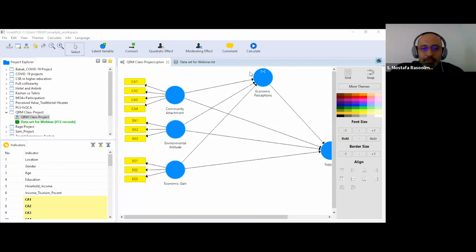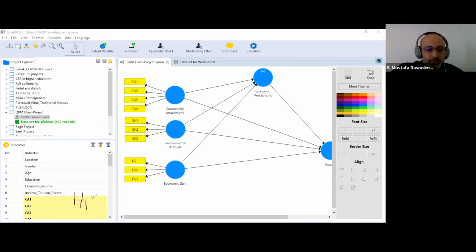My hypothesis for moderator is that the effect of economic perception on support is stronger for residents with high level of involvement. So this is the hypothesis for moderator, right? Let me write this.